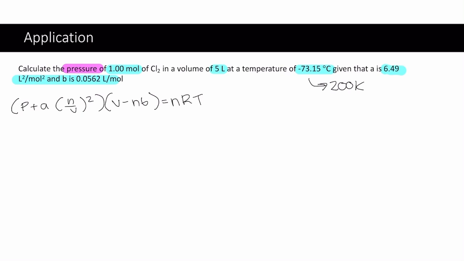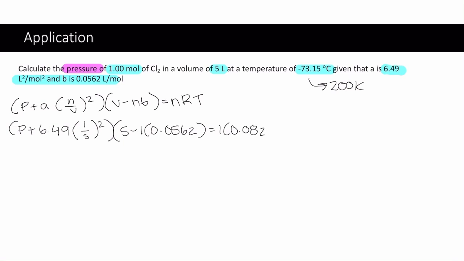And now we can plug in the numbers that were given to us in the question. And now we can do further calculations.